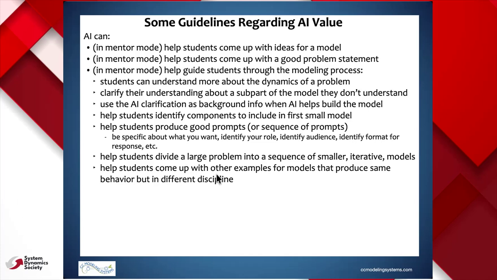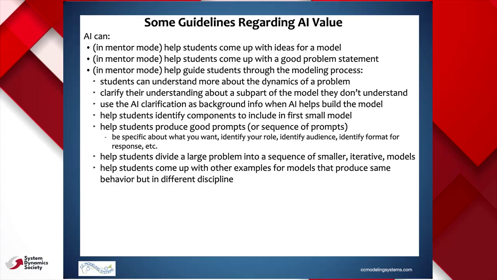It can help students come up with other examples for models that produce the same behavior, but in a different discipline. One thing we say in system dynamics is that structure transfers across disciplines. For example, the epidemic model is a structure that transfers really well to selling a product in business.